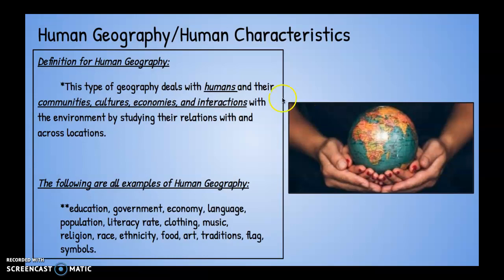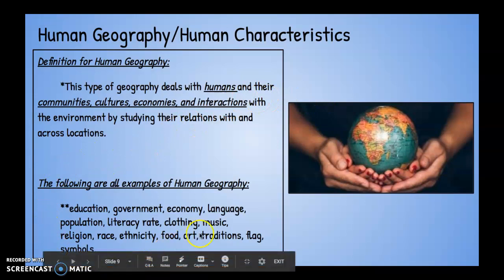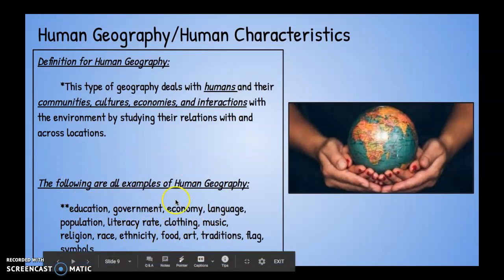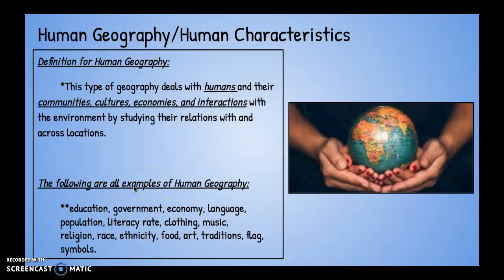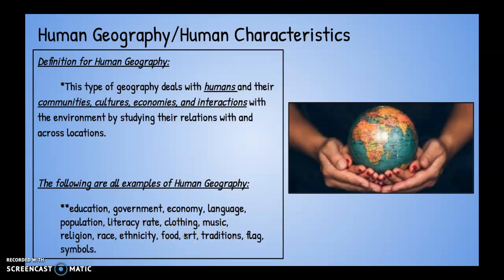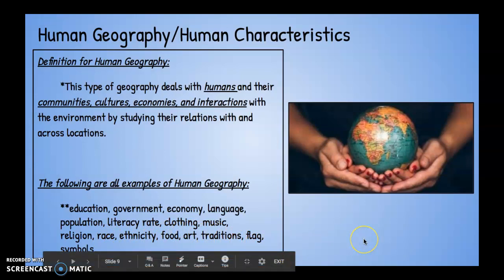The following are all examples of human geography: education, government, language, clothing, race, ethnicity, religion, art.